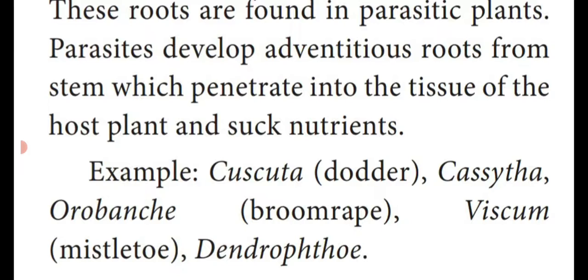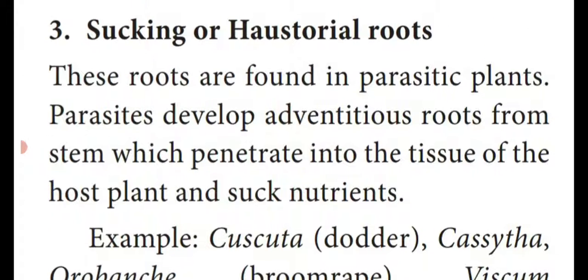Those roots are known as haustorial roots or sucking roots. Examples: Cuscuta, dodder, broomrape, Viscum, mistletoe, Dendrophthoe are the different examples of sucking or haustorial roots.